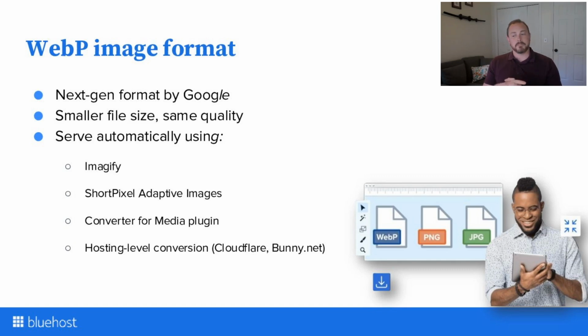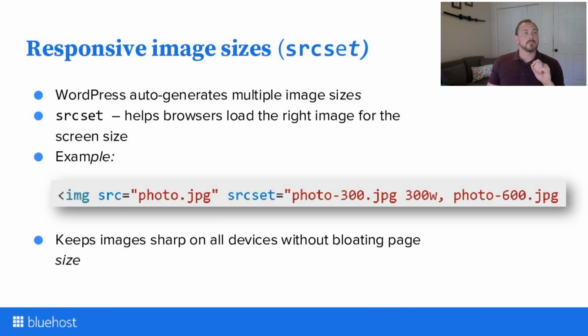As you upload images, it will do that conversion from one file type to another. It will keep your originals in whatever original file type, but it'll also make those WebPs, and then you can use the WebPs when you toggle that setting in whatever plugin you choose.